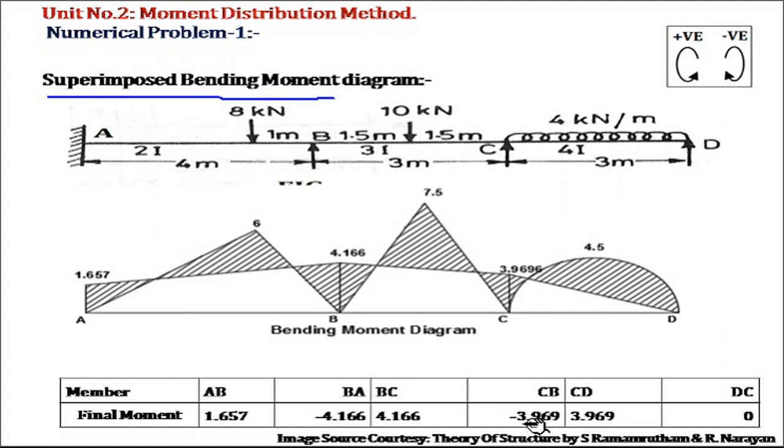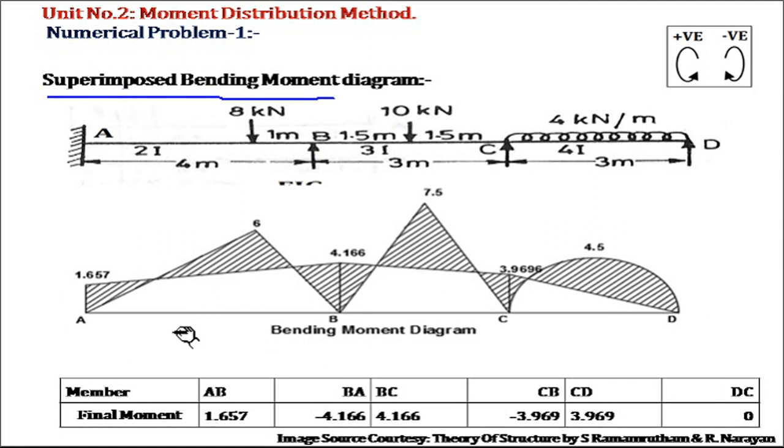In member CB it is minus 3.969, for member CD it is 3.969, and for member DC it is 0. So you have to connect these points by a straight line. These are the moments, which we call the fixed moment.